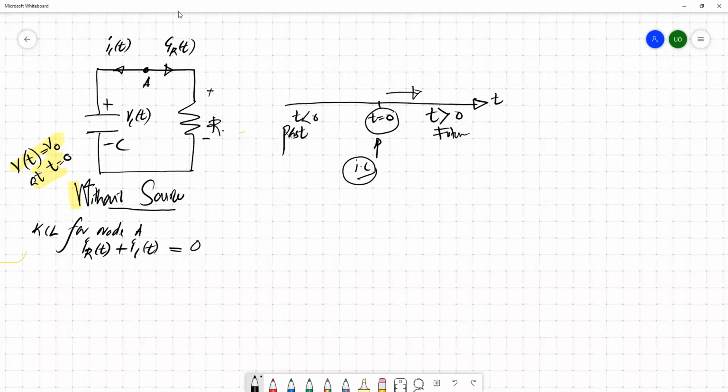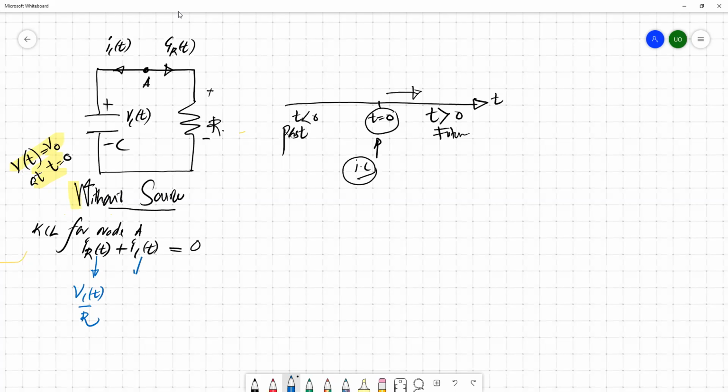From that, we can convert the current flowing through the resistor like this: VCT divided by R. Just apply Ohm's law, V equals I times R. So the current flowing through the resistor equals the voltage drop divided by the resistance. The drop is actually VCT, the same drop across the capacitor, divided by the resistance.